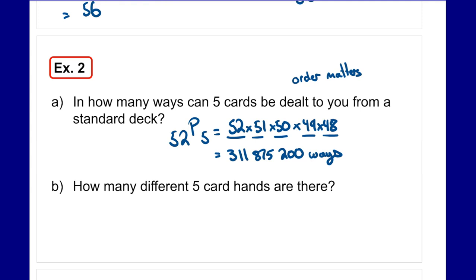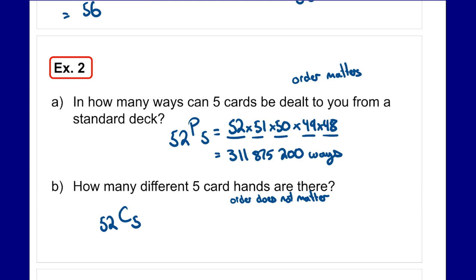How many different groupings could I have? Now what you could do is say I have 52 cards choosing 5, because in this case order does not matter.